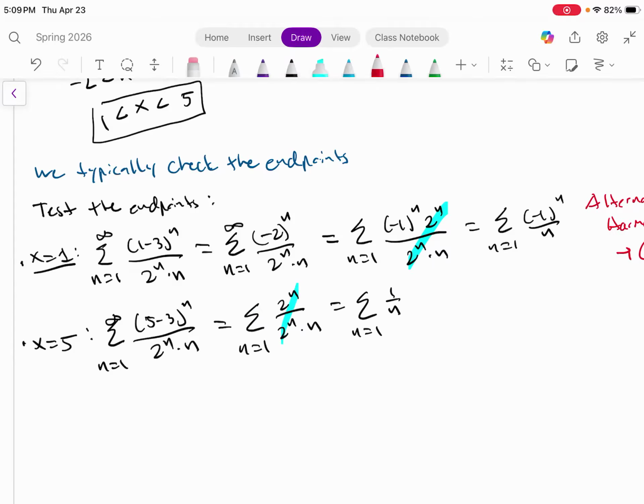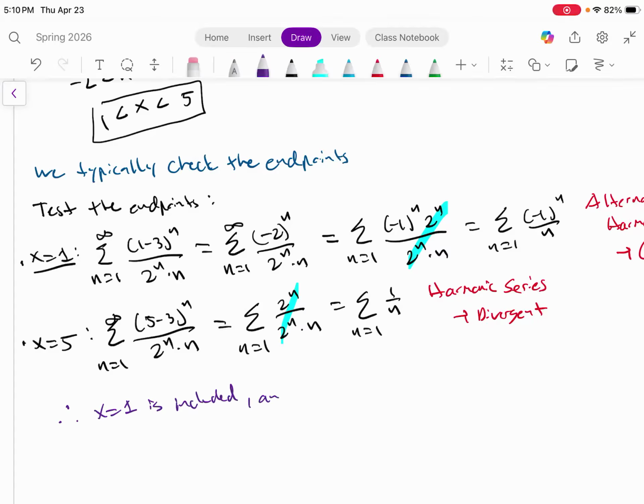And what is that? That is a harmonic series, which always diverges. So what I could say is, therefore, x equals 1 is included and x equals 5 is not included.